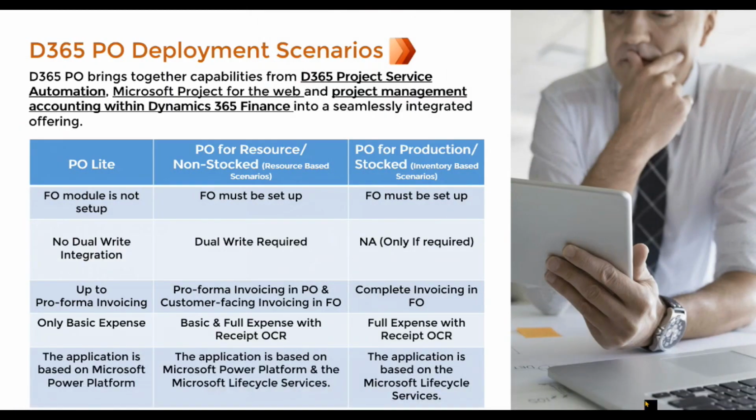We discussed this topic a little bit in the beginning, in the first chapter. So here we discuss Dynamics 365 PO deployment scenarios. There are three scenarios. One is PO Lite, PO for resource non-stocked, and PO for production stocked scenarios.